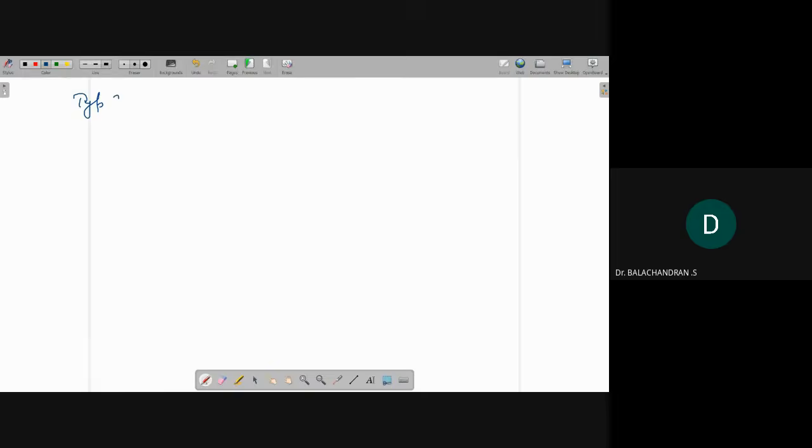Type 3. Okay, so given data are in T form. The values of x, please write the problem.